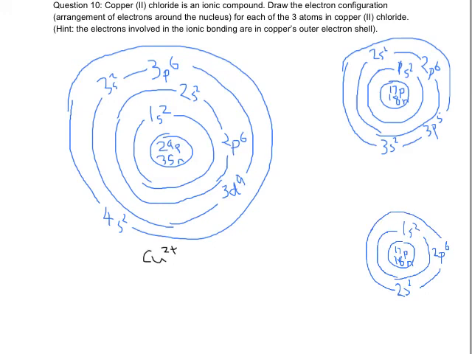In the third shell you're only going to have 7, so it's 3s2 3p5, and 3p5.